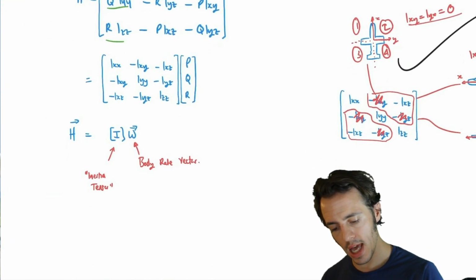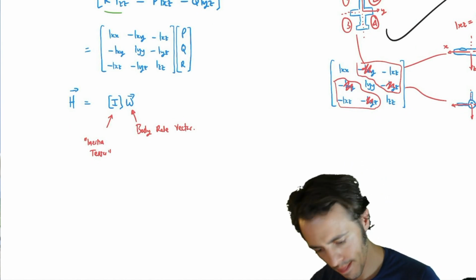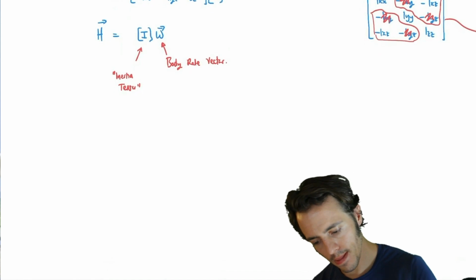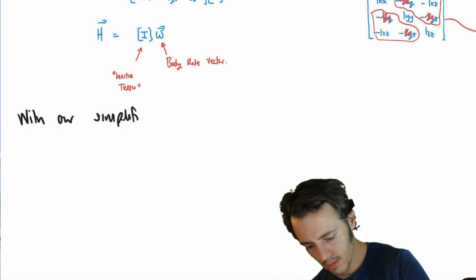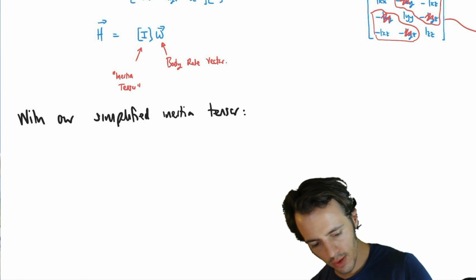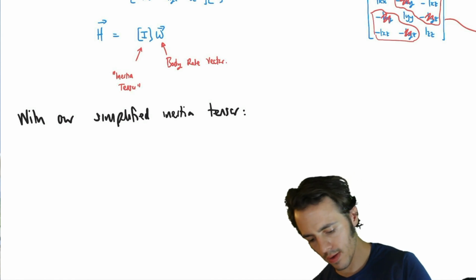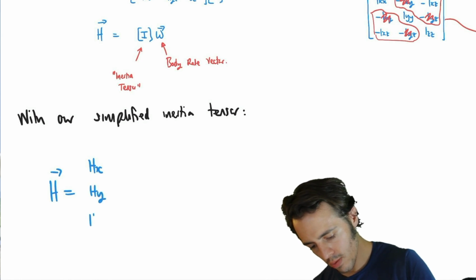So we're going to go back over here and we're going to simplify our inertia tensor. So with our simplified inertia tensor, we can now write H is equal to Hx, Hy, Hz.